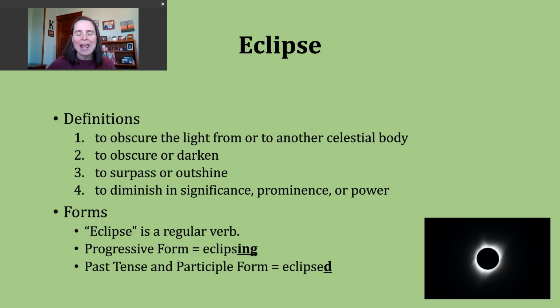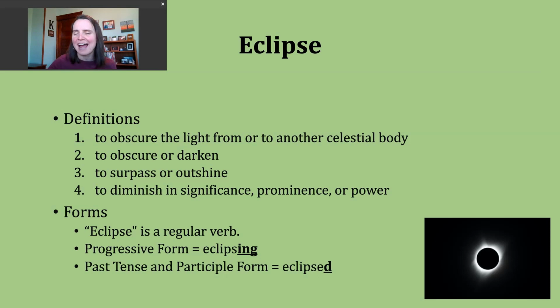A third way the verb eclipse gets used can mean to surpass or to outshine. Many times I've heard this used in connection to athletes and their performance or the team's performance, noting that they are surpassing certain accomplishments or maybe even certain records.